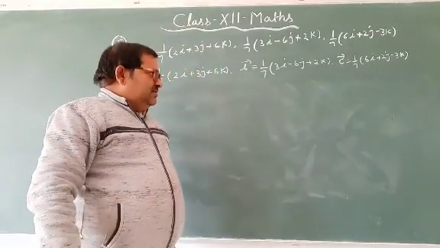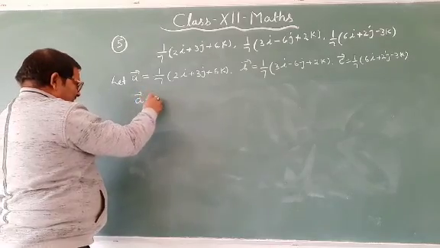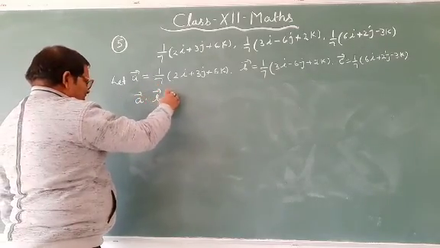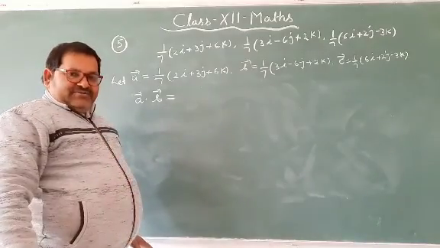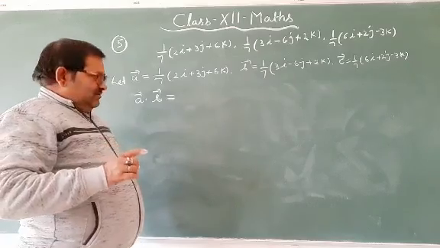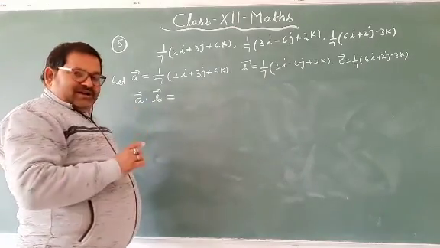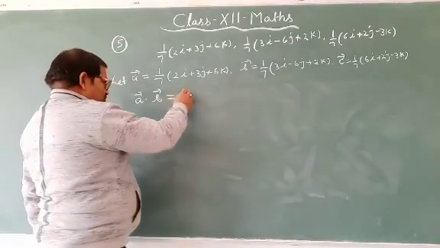Then we find the scalar dot product of vector A and vector B. If it is equal to 0, then vector A and vector B are mutually perpendicular.